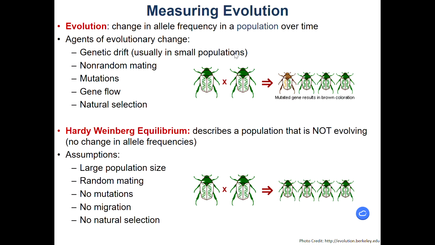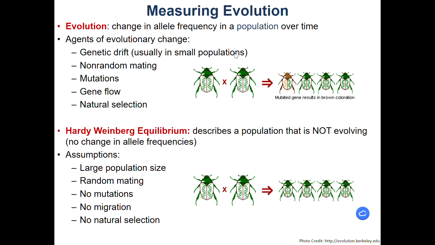The Hardy-Weinberg equilibrium, which is used in the Hardy-Weinberg equation, describes a population that is not evolving. So there's no change in allele frequencies. If you took a population in the first generation and a population in the 100th generation and used the Hardy-Weinberg equation, there would be no difference in your allele frequencies. That means evolution is not happening.